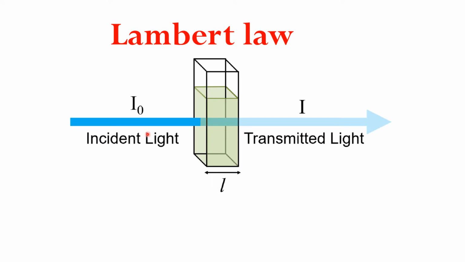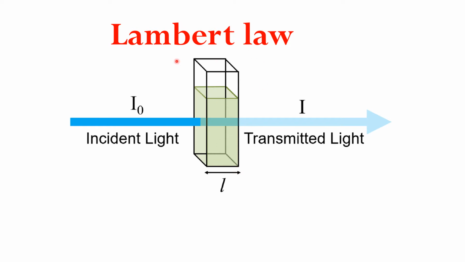Now we come to Lambert's law. Lambert's law generally remains constant in the equipment because it is the path length, that is the diameter of the cuvette and the glass used. So in the equipment of a colorimeter or any of the photometers, this is constant.